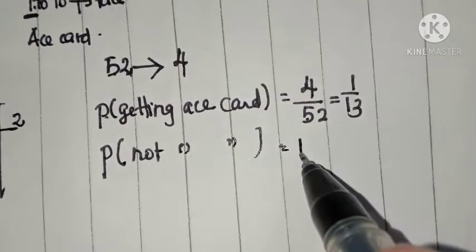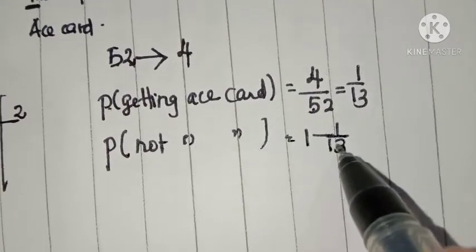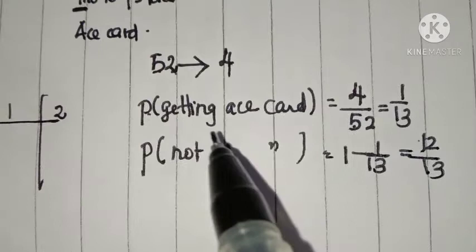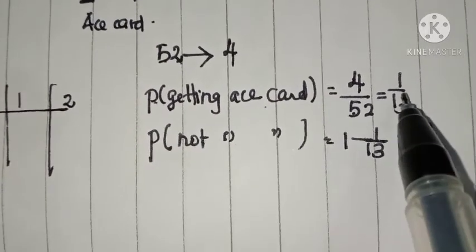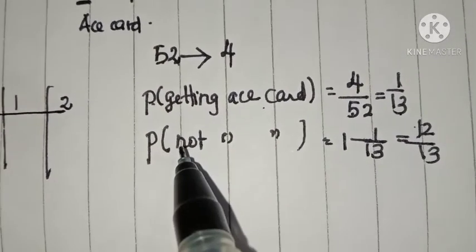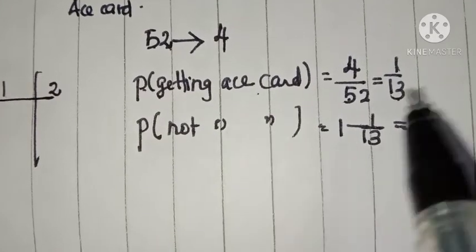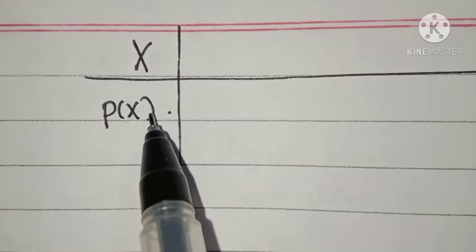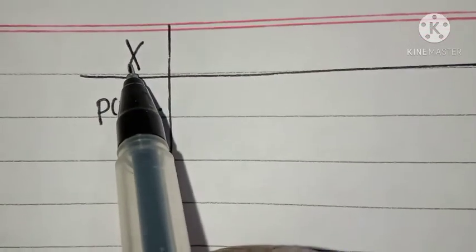Its complement, 1 minus 1 by 13, which is 12 by 13. So the probability of getting an ace card is 1 by 13 and of not getting an ace card is 12 by 13.